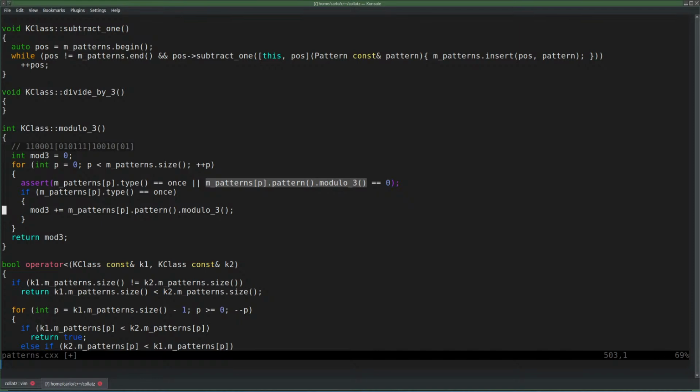And now suppose that the length of this pattern is an even length. And the next one is also modulo 1. Then I just have to add them all up.